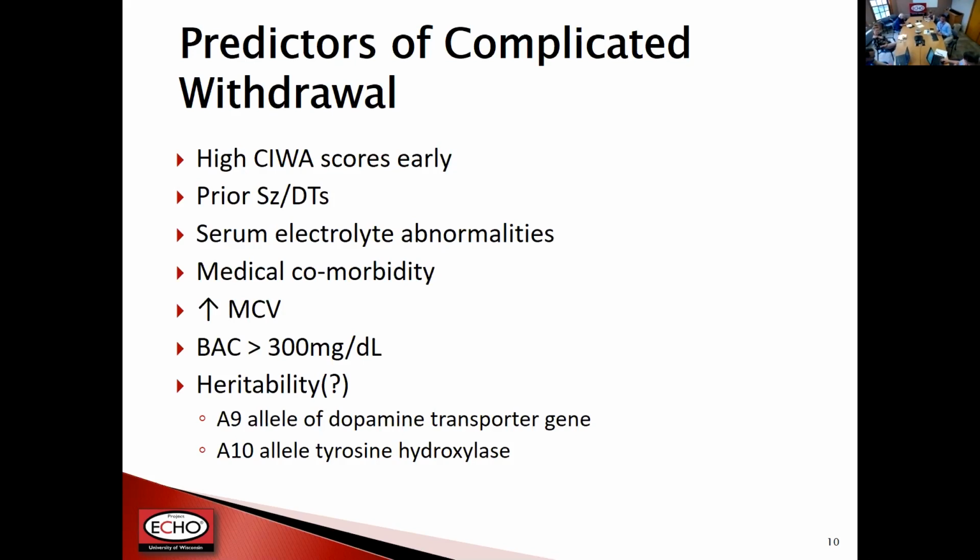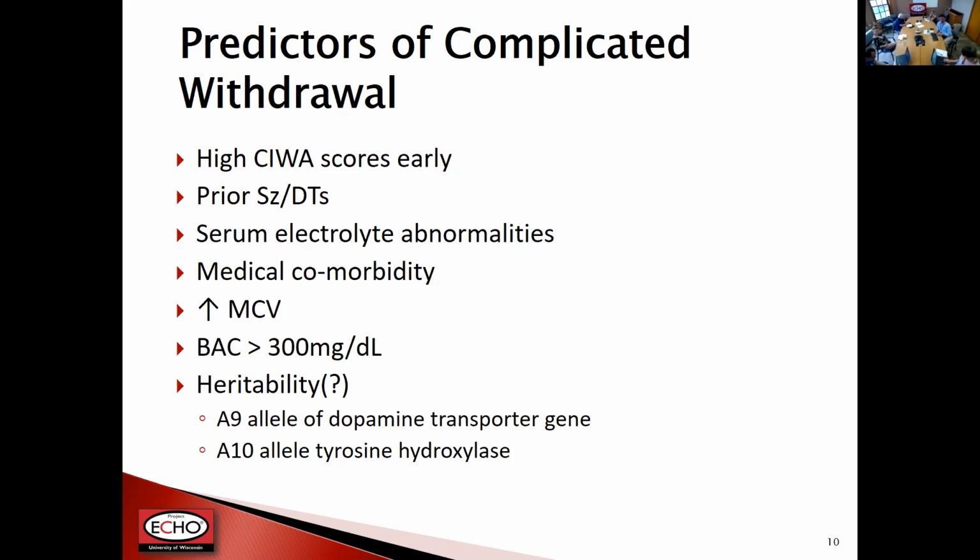Individuals with more serious medical comorbidity may also be at greater risk for withdrawal. An elevated mean cell volume, a marker of malnutrition, has also been predictive in the past. Another thing I always keep my eye out for, if they've presented to emergency departments or been hospitalized in the past, is what sort of blood alcohol level have they achieved previously.